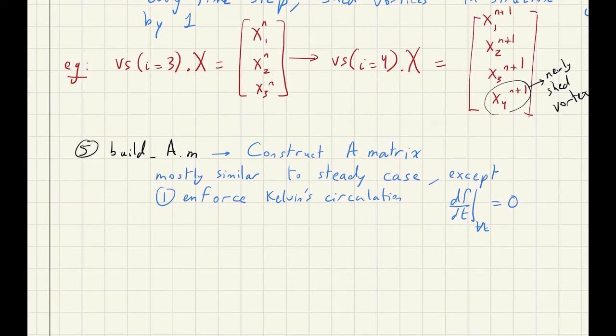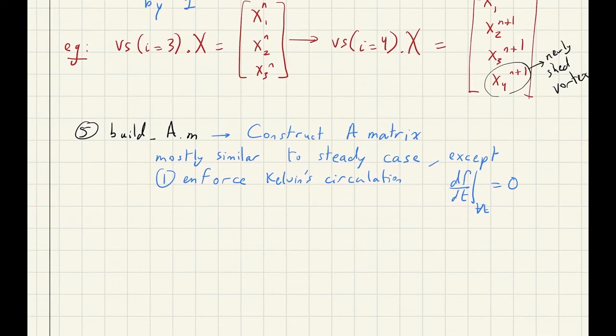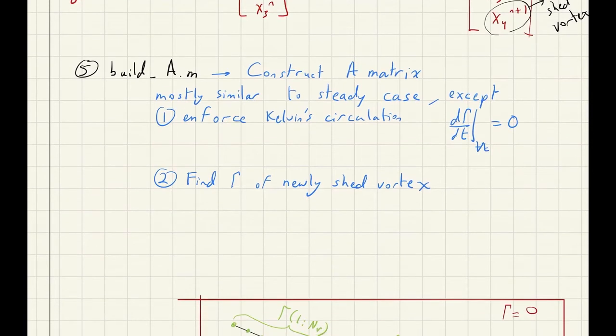So if we start off with 0 circulation, the entire system has to always have 0 circulation throughout time. And the second thing is that we have to find the gamma of the newly shed vortex. In contrast with the steady scenario where you only find the gamma of the bound vortices, here you find the gamma of the bound vortices as well as the newly shed vortex.